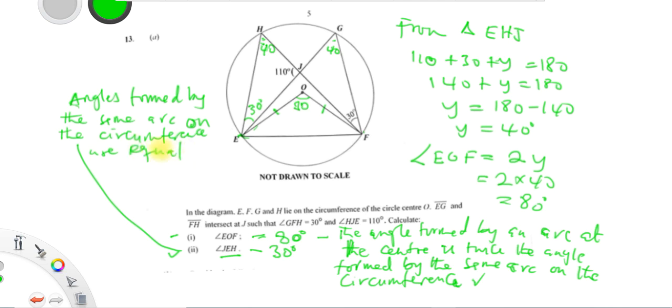You have to state this before you start writing what I wrote here, or after you have gotten your answer. With this one we didn't solve, we just stated the answer. So you state this and say therefore angle JEH is equal to 30 degrees. You state this and add your answer, guys. If you don't do that, you lose marks.